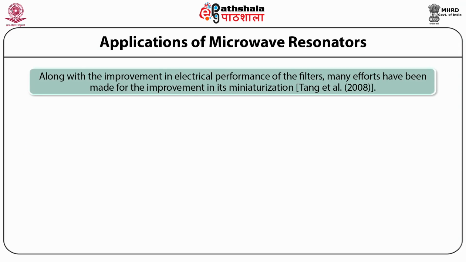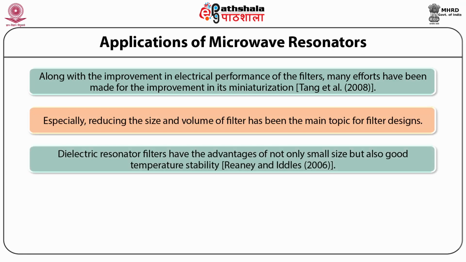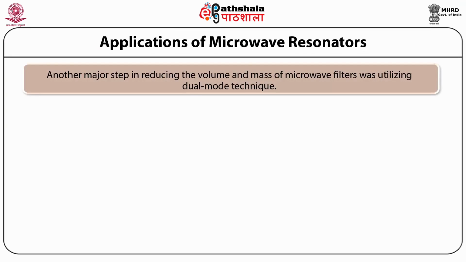Along with the improvement in electrical performance of filters, many efforts have been made for miniaturization. Especially reducing the size and volume of filters has been the main topic for filter designs. The dielectric resonator filters have the advantages of not only small size but also temperature stability. Another major step in reducing the volume and mass of microwave filters was the dual mode technique.